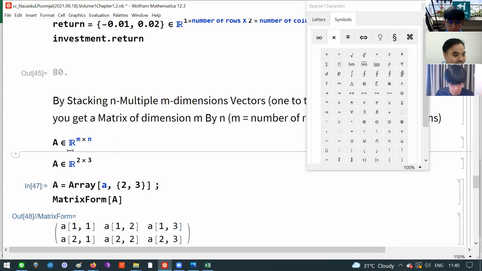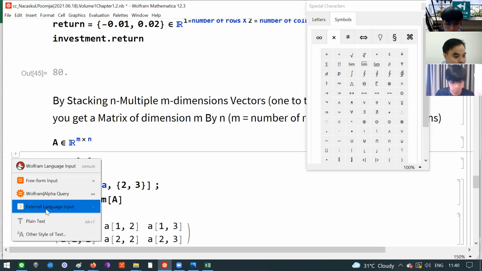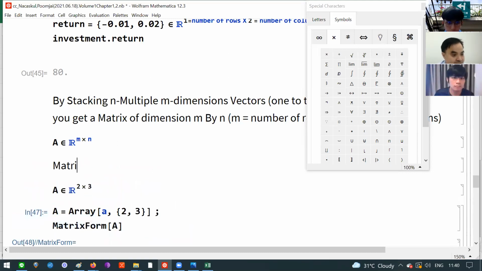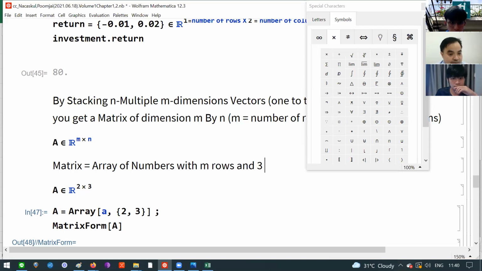So this is defined as matrix is equal to array of numbers. See, that's why we use this definition, array. Array of numbers, okay, with m rows and n columns.